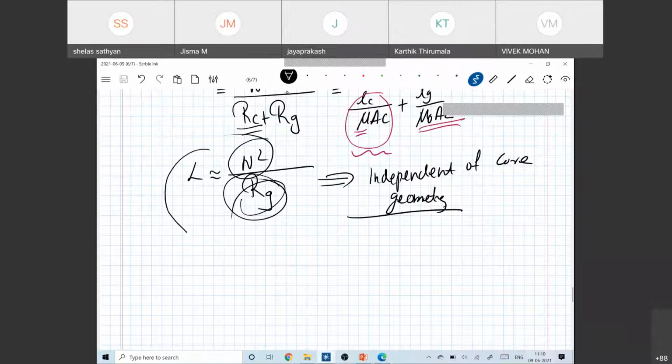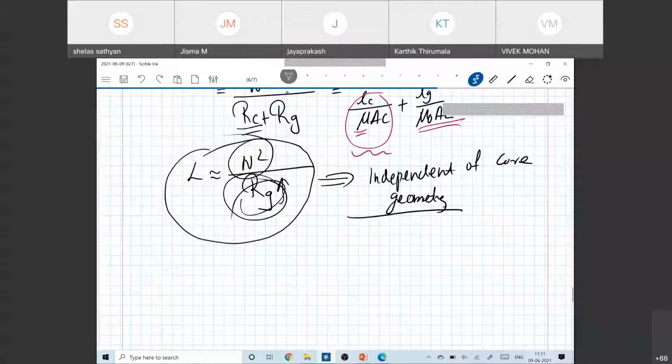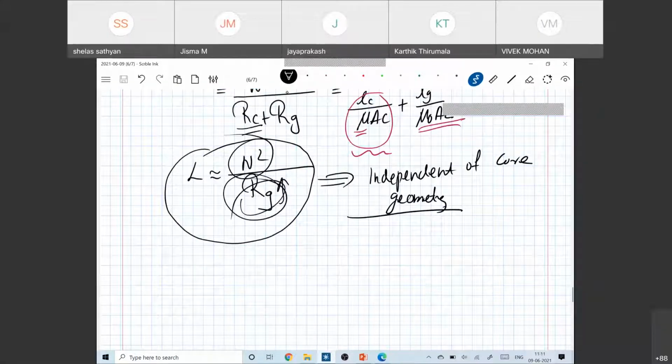Inductance is almost proportional to N square divided by Rg. Since Rg is much larger than Rc, the inductance rapidly reduces. So once you introduce the air gap, you have to wind more conductors, or more turns, to obtain the same inductance as before.